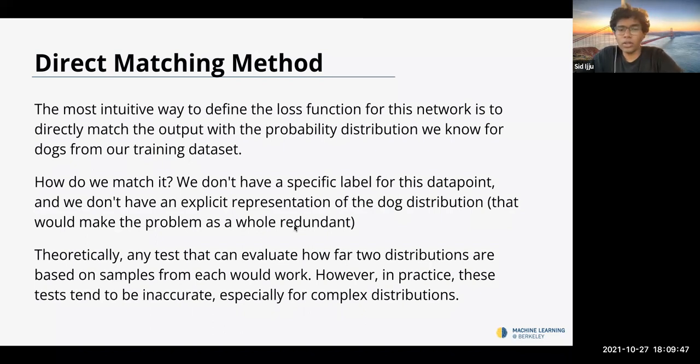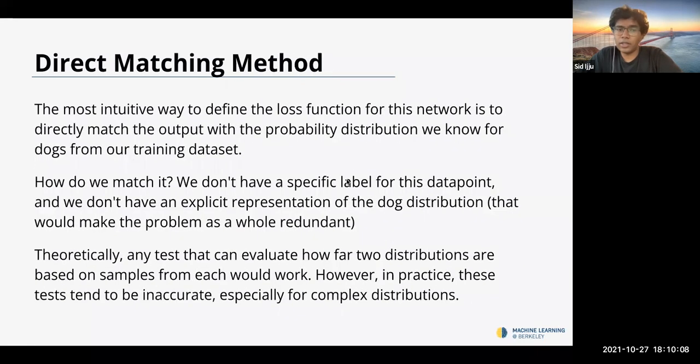And so theoretically, any test for how far distributions are based on samples can work. However, in practice, these tend to be inaccurate, especially for really complex distributions, like making a picture of a dog in n-dimensional real vector space.